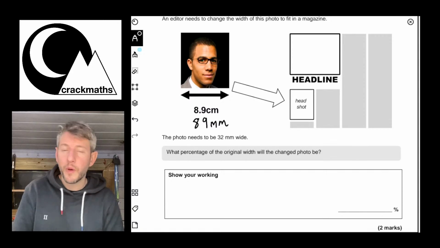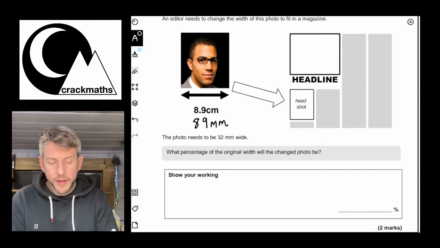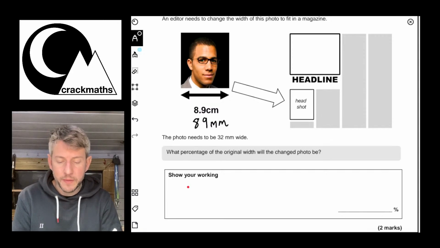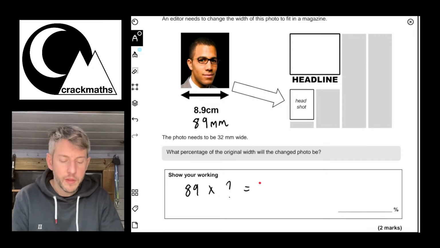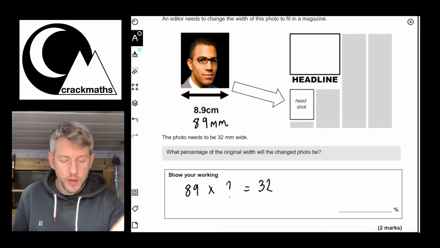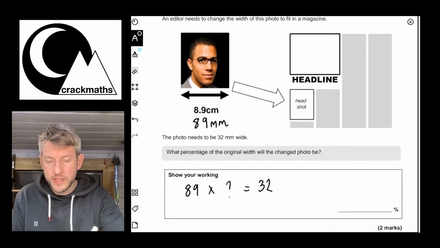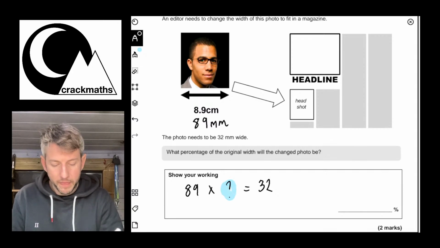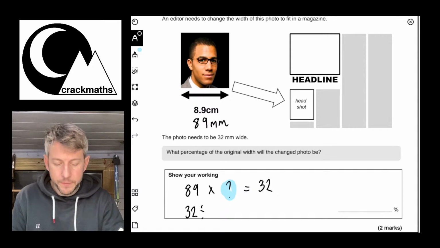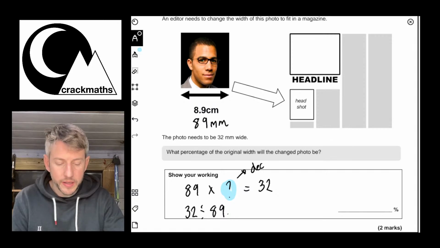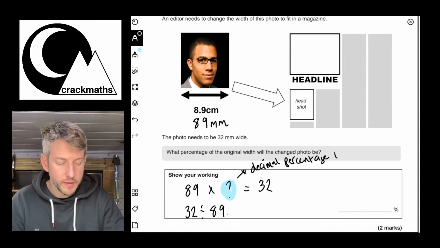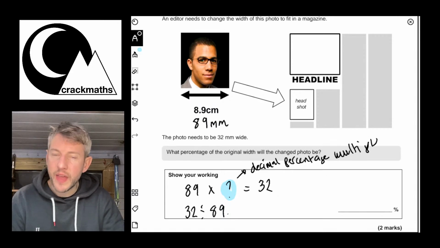So it's going to be reduced by a certain percentage. So our calculation for that is going to be 89 times the percentage multiplier will equal 32. So first of all, I can find out what this number is going to be by doing 32 divided by 89. Now this number is going to be our decimal percentage multiplier. So let's find out what that is.